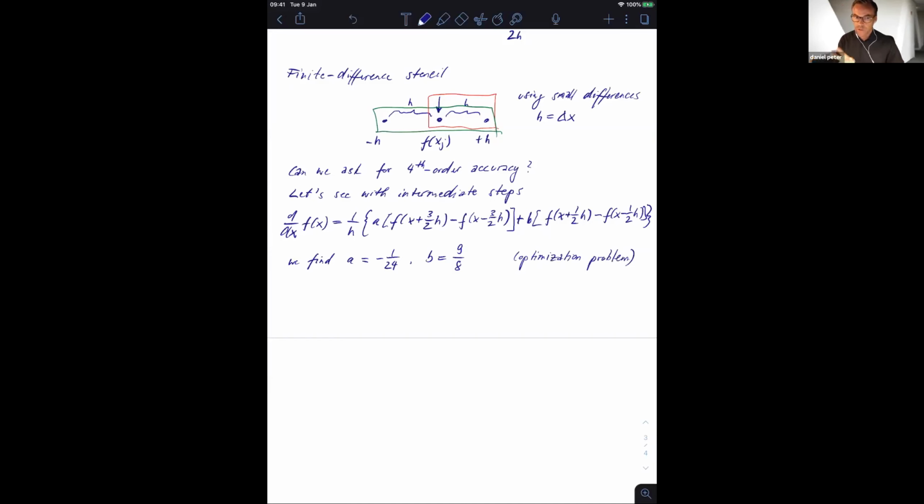So with these two coefficients, A and B, we do achieve a fourth order accuracy now. So let's look at the finite difference stencil for this fourth order scheme.